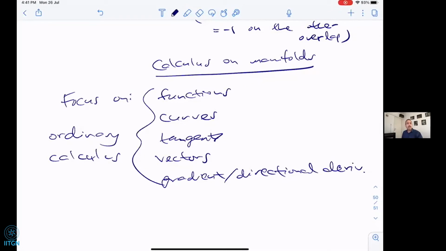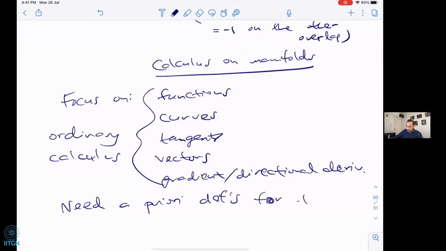But supposing I didn't know that description of S2 and I only knew its description in terms of an atlas, its description as a differentiable manifold. Now, how do I talk about tangent? Tangent of these kind of spaces looks like something which goes outside the space, right? But that's not fair, because in principle, a manifold is just what it is. It doesn't have to be embedded in anything. There's no outside for it to go to. So we need a priori definitions of all these concepts for manifolds, and that's called calculus on manifolds.